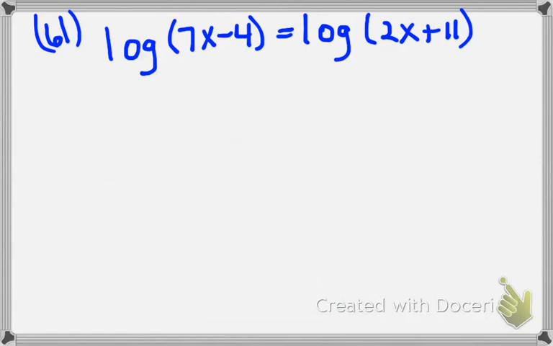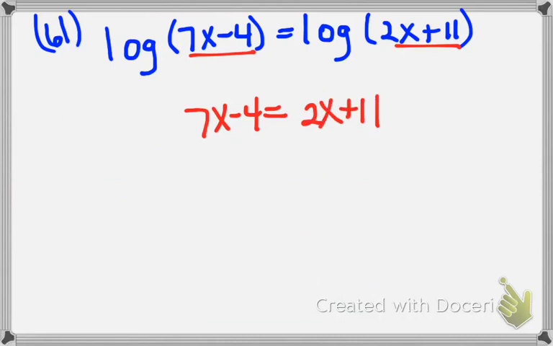Both sides have a logarithm, and since they're equal to each other, then that means that the inside part of each logarithm has to be equal. So 7x minus 4 has to be equal to 2x plus 11 because we know that the log is already equal to the other log.